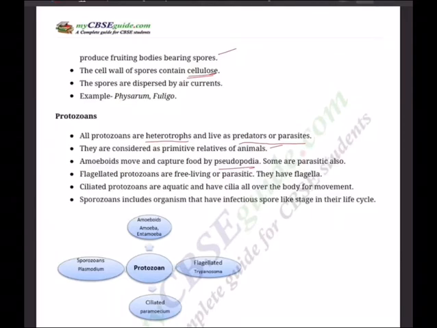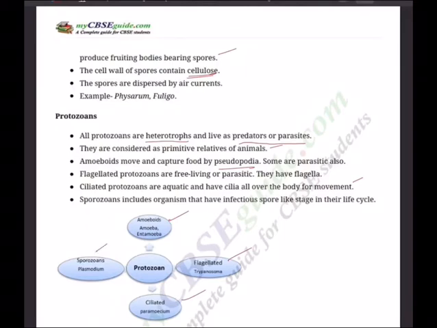They have flagella. Ciliated, of course, Paramecium, you must have seen under the microscope. Ciliated protozoans are aquatic and have cilia all over the body for movement. And the sporozoans include organisms that have an infectious spore-like stage in their life cycle. So basically, it's four: amoeboids, flagellated ones, ciliated ones, and sporozoans.